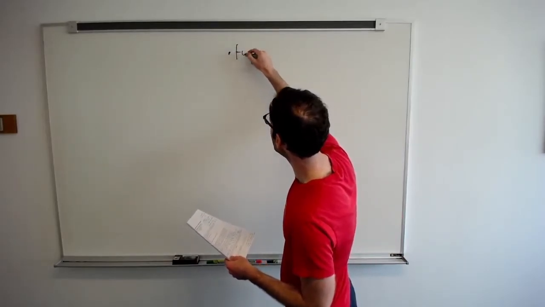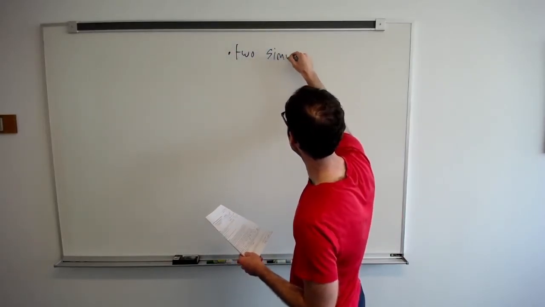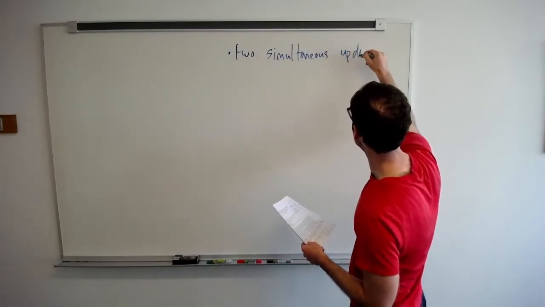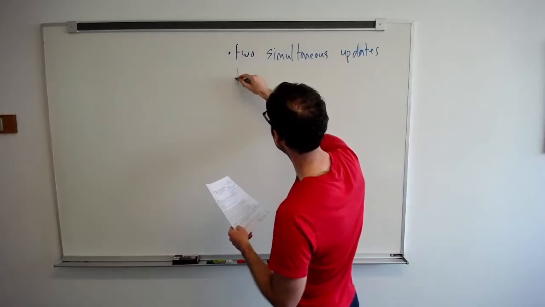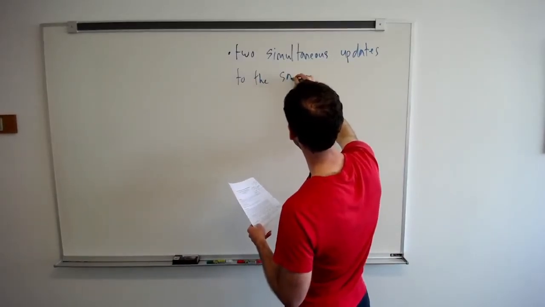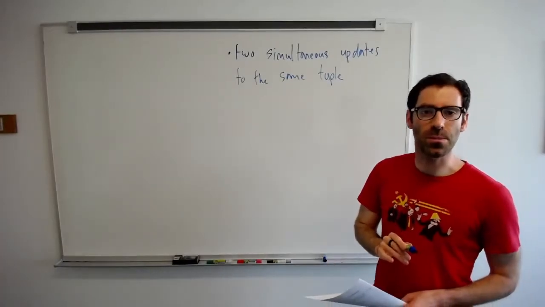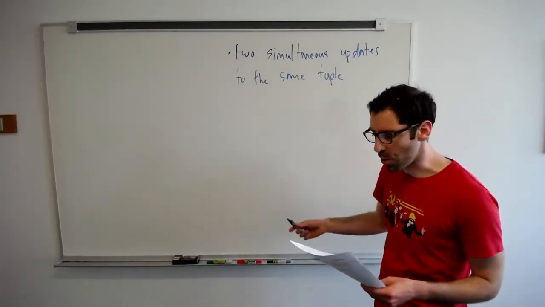What if we have two simultaneous updates to the same tuple?